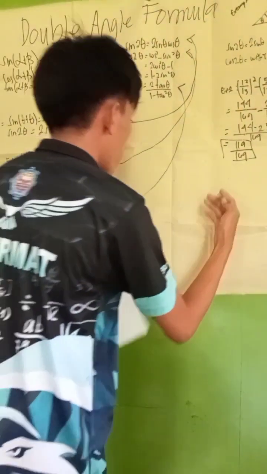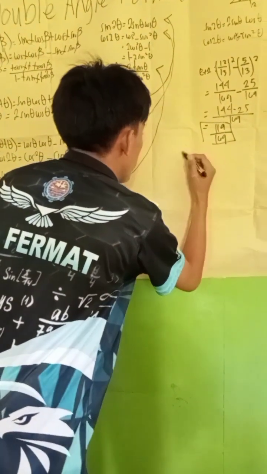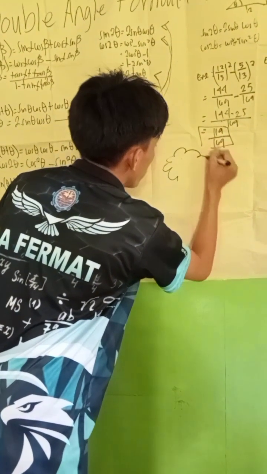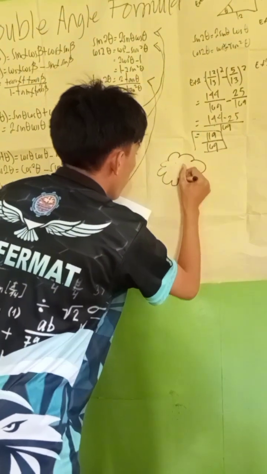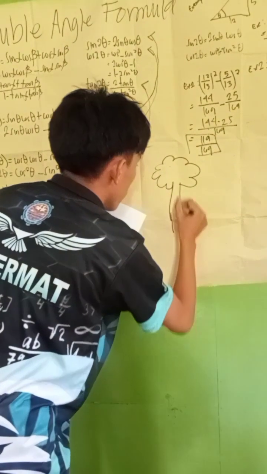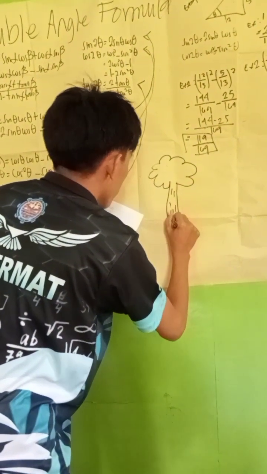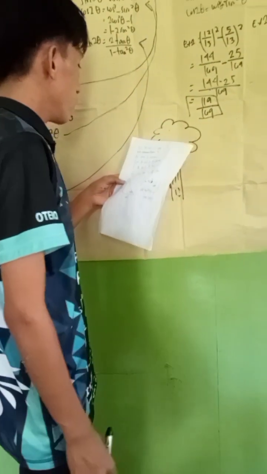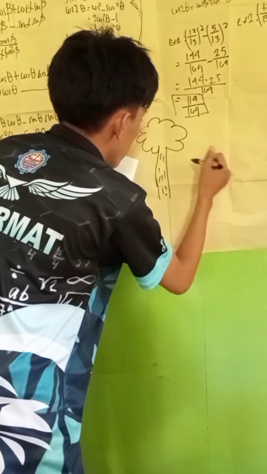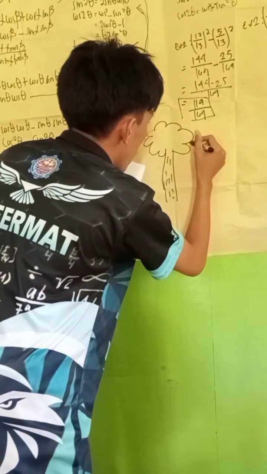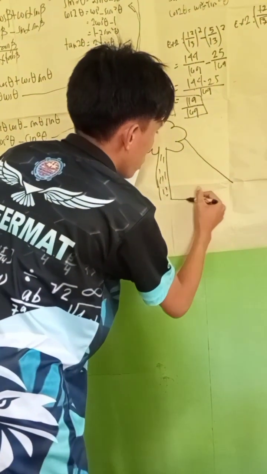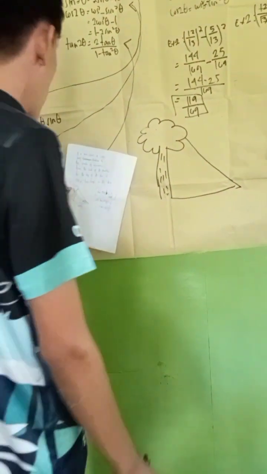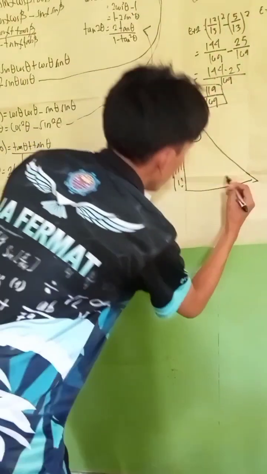So, let's say this is a tree. I'm not good at drawing, but I'll try my best. Okay, this is a tree. And then the shadow, let's say this is the shadow. And the shadow is 60 feet.